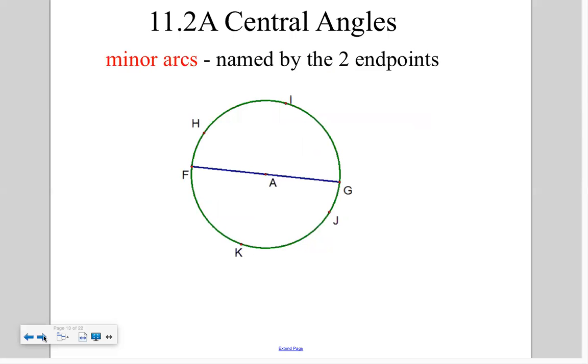All right, so the way we name minor arcs is how we've been naming them, where you just name your 2 points. So if I say arc FI, that is the red arc.